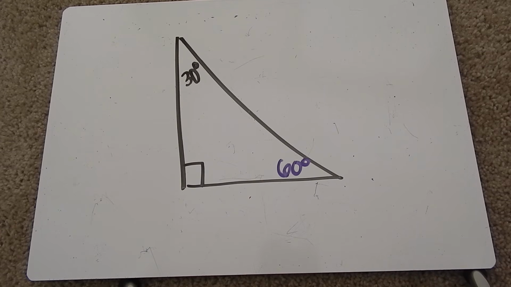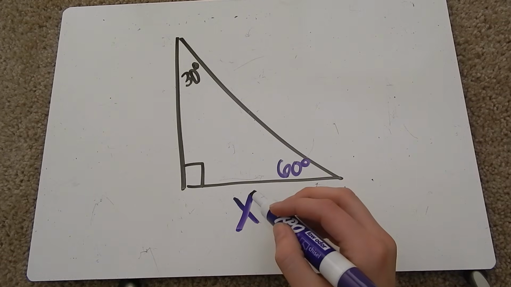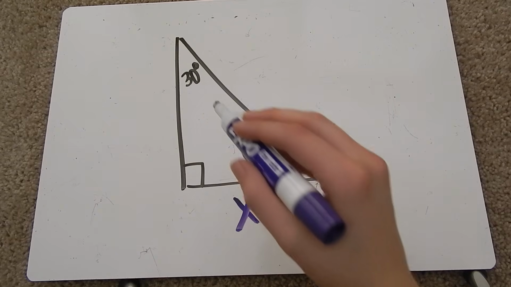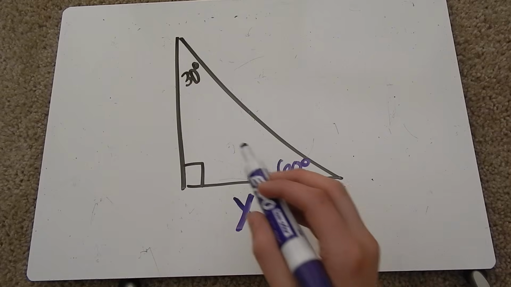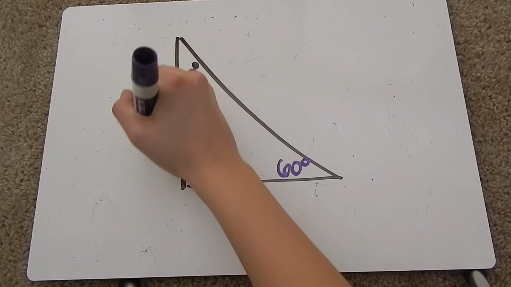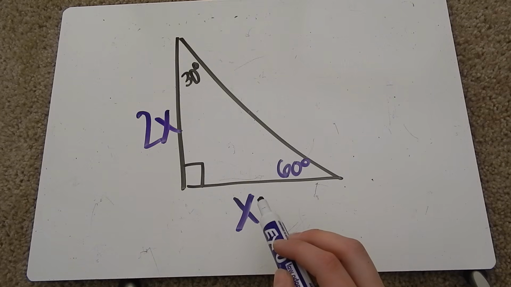Now our pattern is that x will always be across from the 30-degree angle. So the 30-degree angle, that's going to be your x. Across from the 60-degree angle is going to be 2x, 2 times whatever this side is.